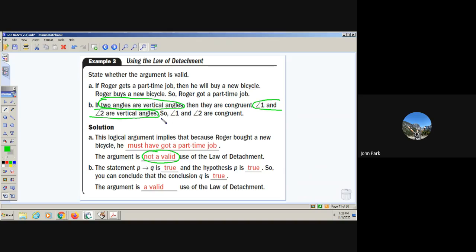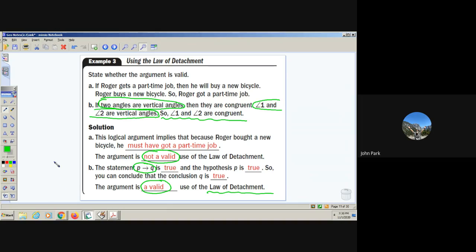Therefore, you could conclude the Q, which is the conclusion part, that angle 1 and 2 are indeed congruent. So that is a correct usage. That is a valid usage of the law of detachment, right? So law of detachment only goes in this direction from P to Q. So P implies Q, not the other way around, right?